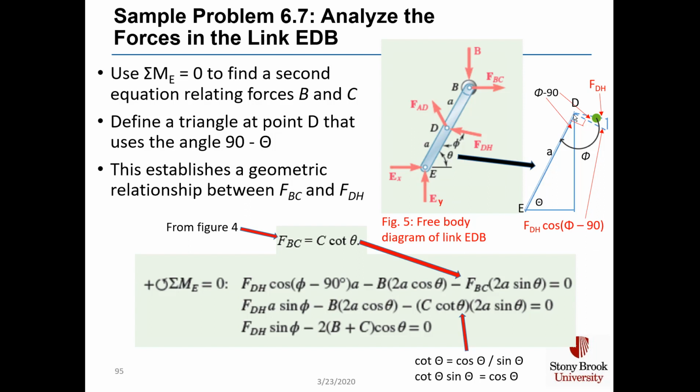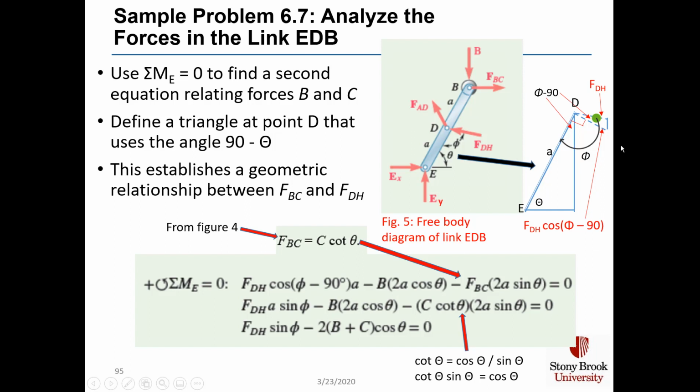Now we have a geometric relationship that we can establish between F_BC and F sub DH, and that's coming from summing the moment around point E and setting it to 0. And we're going to go through each of these terms carefully because they're a little tricky to understand spatially.